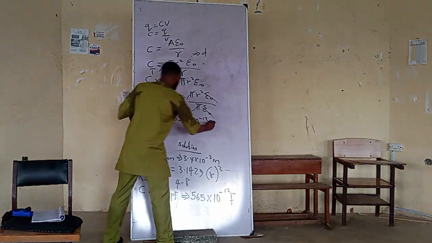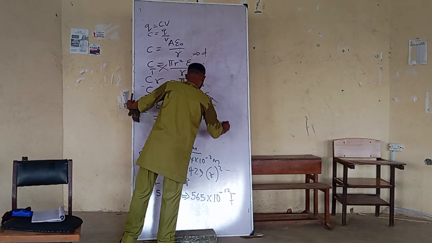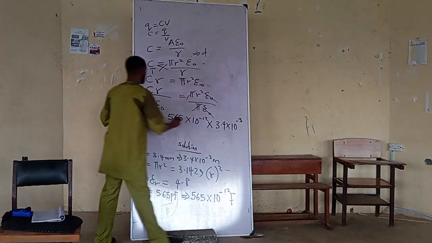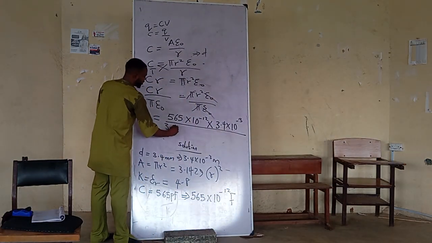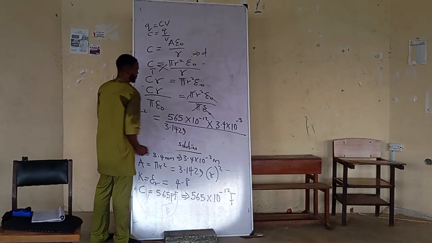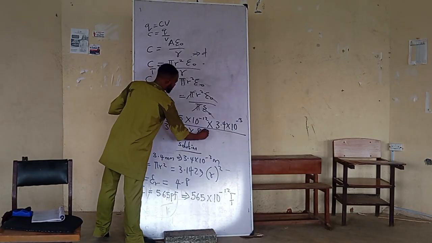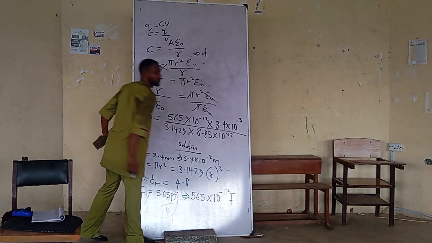So times 3.4 times 10 raised to power minus 3, all over pi, which is 3.1429, times the permittivity of free space, 8.85 times 10 raised to the power minus 12.